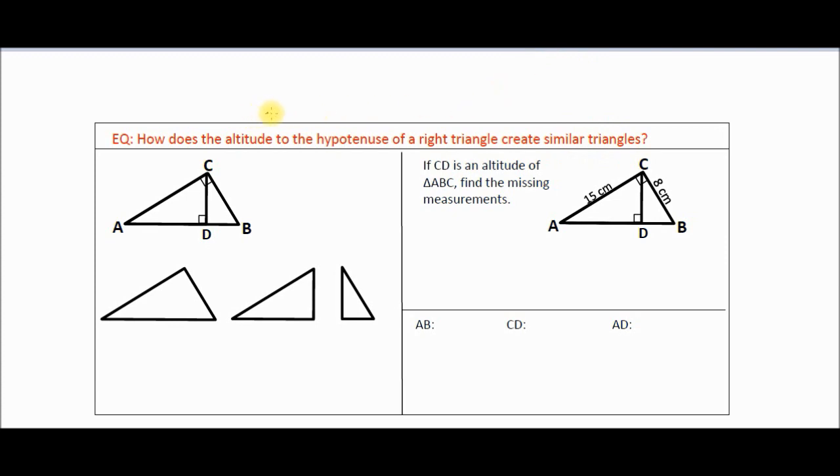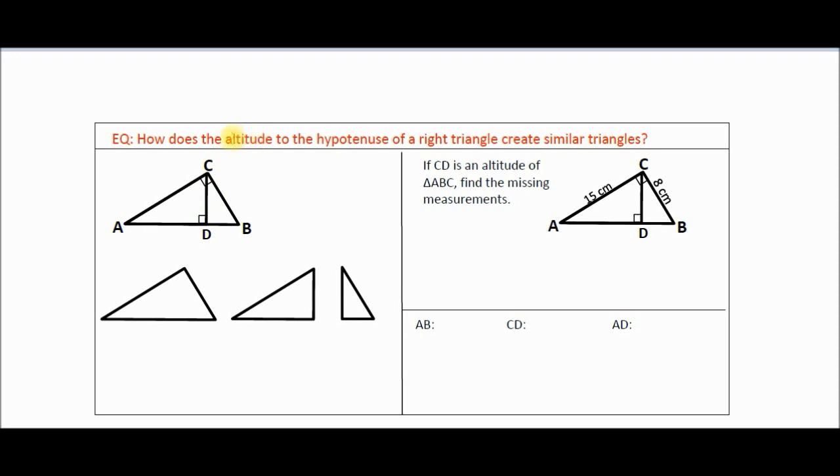A couple of math words we have to understand: one is an altitude. An altitude is a line drawn from one side of a triangle directly across to a vertex. And so this line CD is called an altitude.